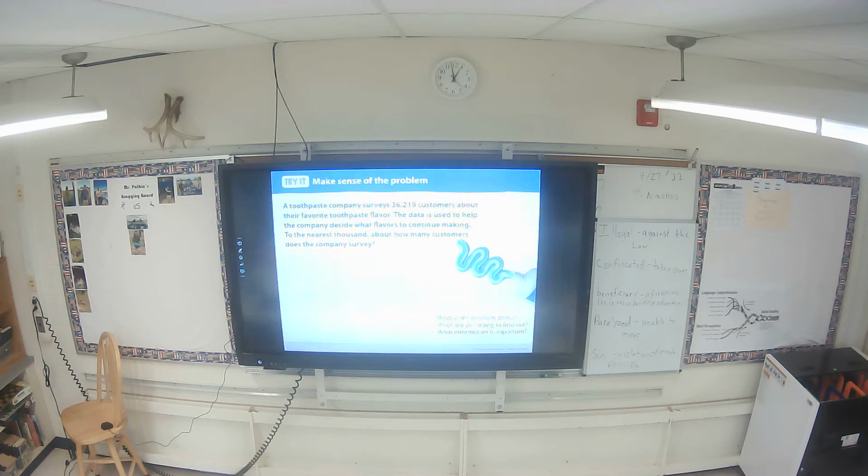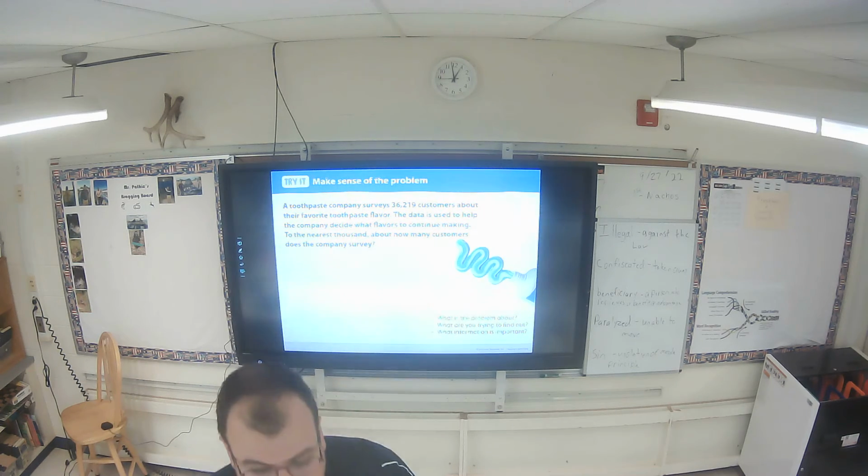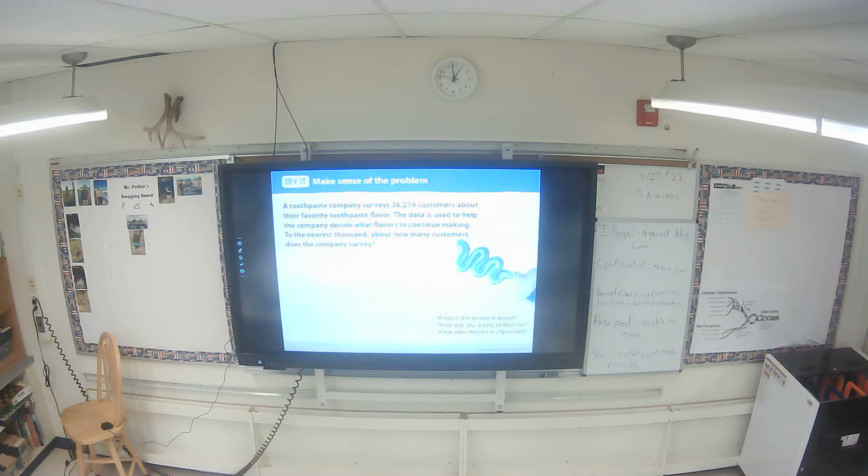You're rounding that number to the nearest thousand. Nearest thousand, not nearest 10,000. That's the nearest 10,000.